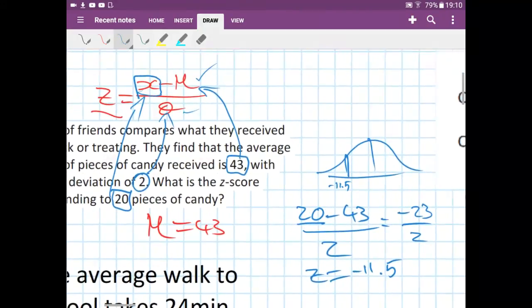Okay, I'm going to leave you there because I think we have covered how to use the formula for finding our z-score. X is the value, mu is the average, and sigma is your standard deviation. We looked at tables and how to read a table, how we start on the left-hand column and find our row.